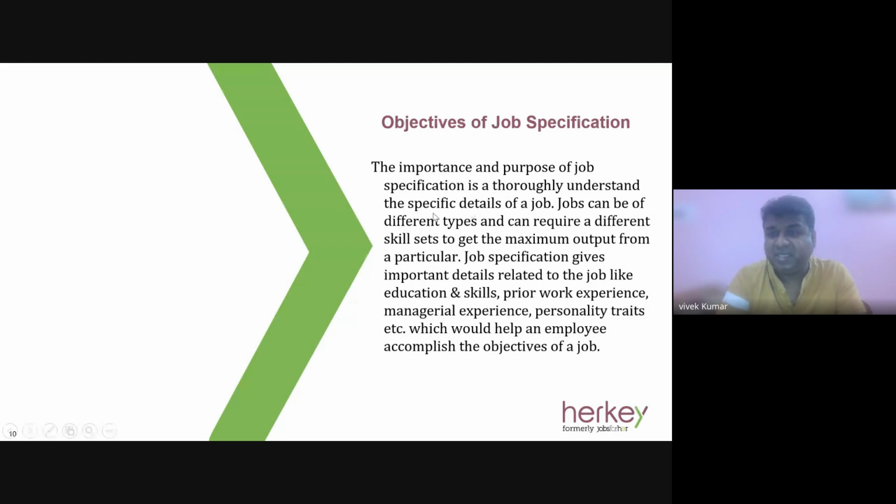It basically allows candidates to go through the very specific details in a summarized manner. And it also helps them understand that if I'm being hired for a certain type of job, what do I require in terms of skill sets to get the maximum output?